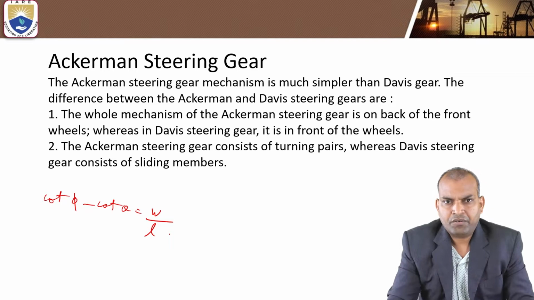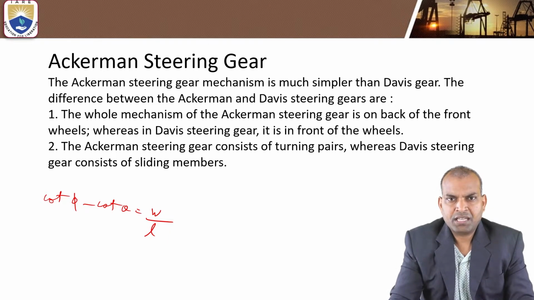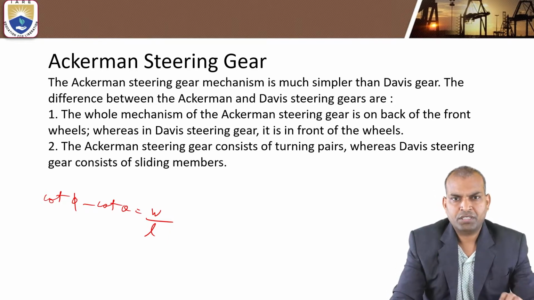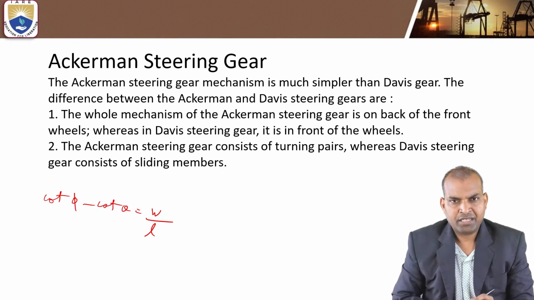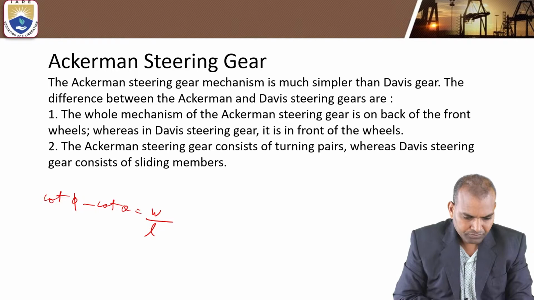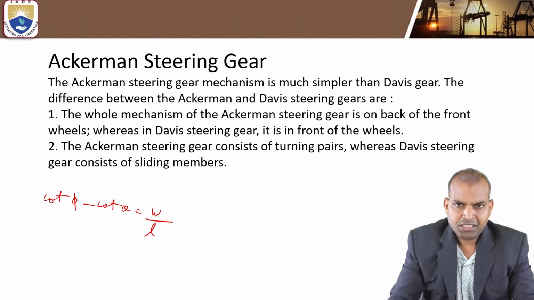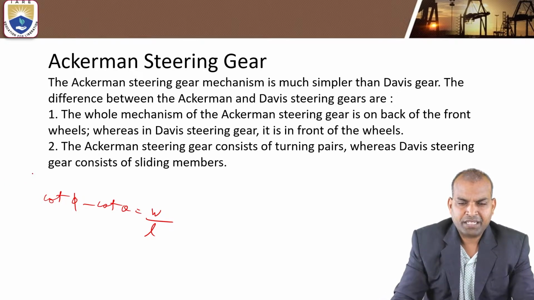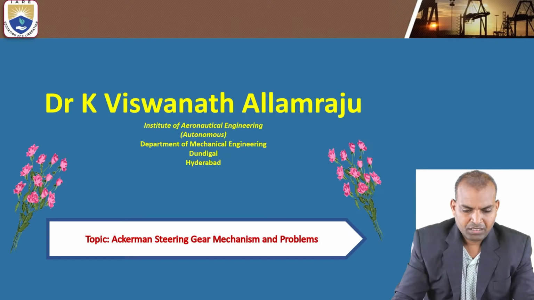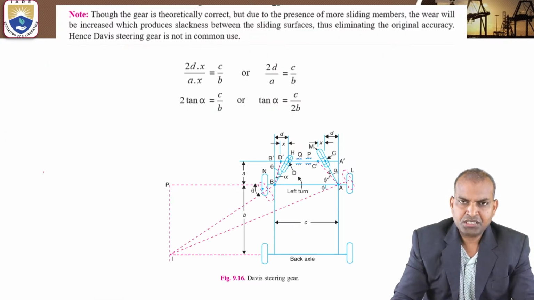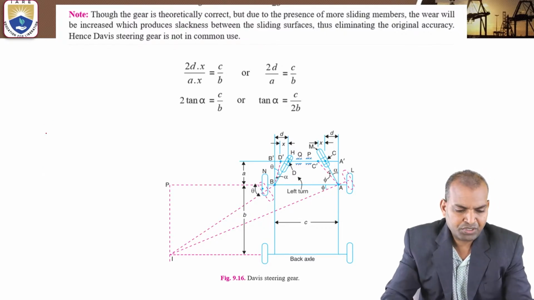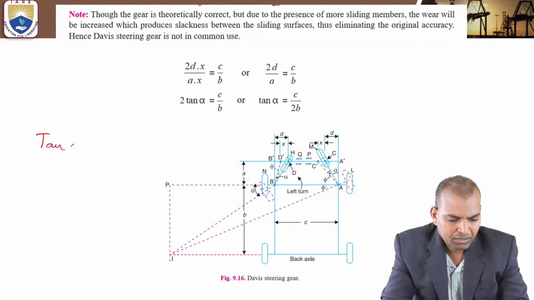There are two types of steering gear mechanisms. One is the Davis steering gear mechanism, another one is the Ackermann steering gear mechanism. In the Davis steering gear mechanism, we understood that the condition tan alpha equal to C by 2B came into the picture.